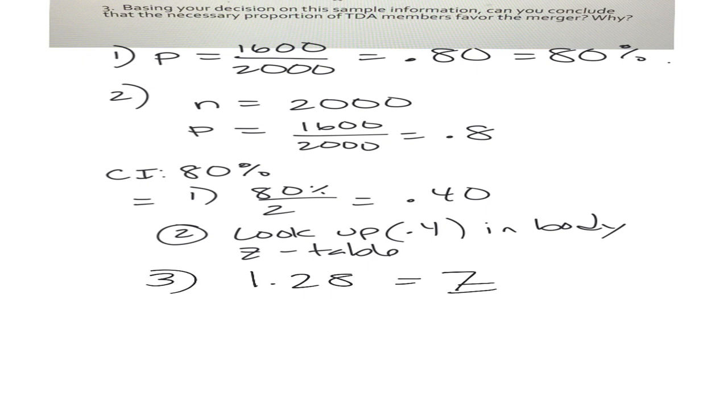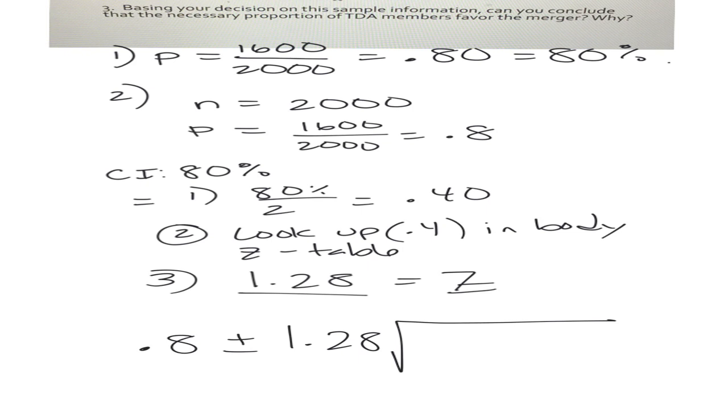Let's start by building. Our confidence interval is the sample proportion 0.8 plus or minus z, which is the 1.28 we calculated, times the square root of the sample proportion times 1 minus the sample proportion over n, which in this case is 2000. So what is our confidence interval?